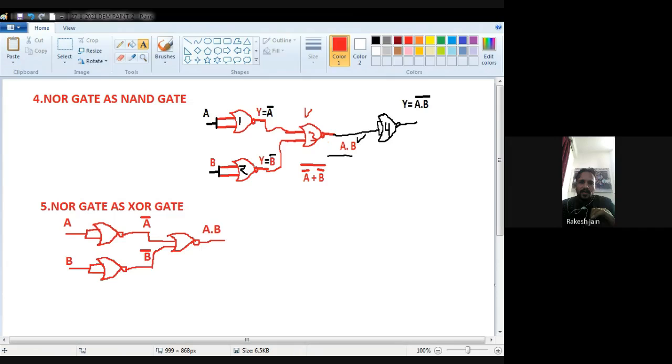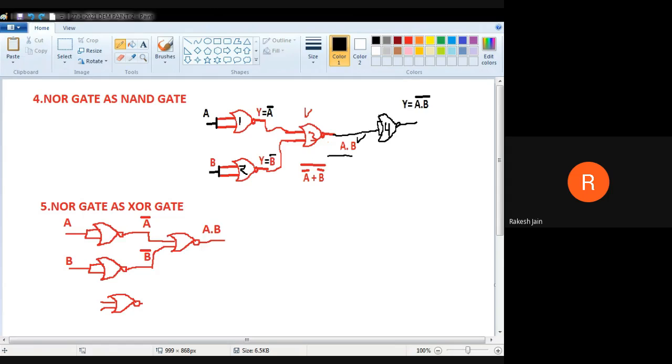Now I connect these two inputs A and B also as the two inputs of a NOR gate directly. So I also use one more NOR gate, a two input NOR gate, in which the first input is connected with A. I change the color so that you will understand the connection.